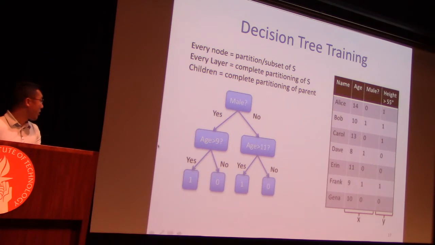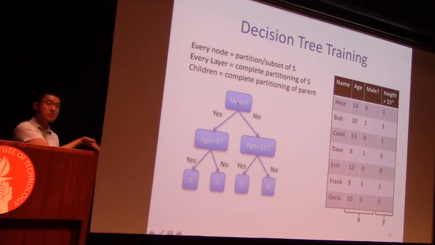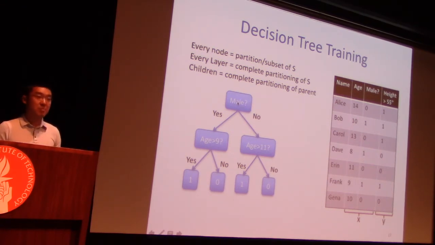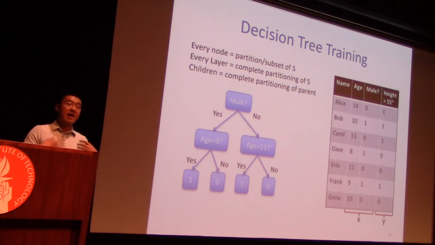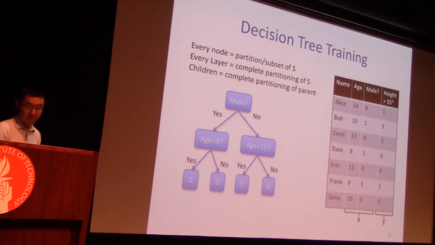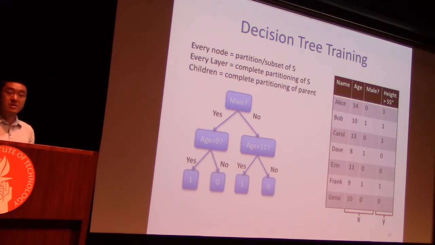So all of the training data goes to one of these 4 leaf nodes. All the training data goes to one of these 2 leaf nodes or this internal node. All the training data goes through one of these 2 internal nodes. All the training data goes through this root node. So any cut you define within this decision tree defines a complete partitioning of the input feature space, and hence a complete partitioning of the training data. Does that make sense? Any questions on that?